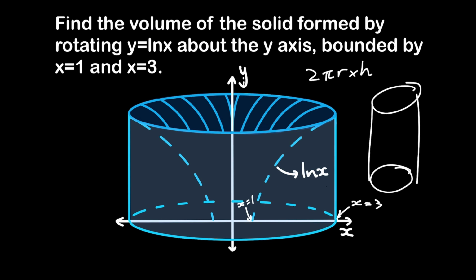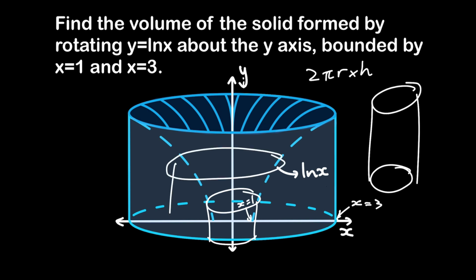Now we need to find out what our radius is and what our height is for each of the cylinders that we're going to fit into this diagram. So that's essentially what one of our cylinders will look like. And then, of course, we'll keep drawing these cylinders, going outwards and getting bigger and bigger.